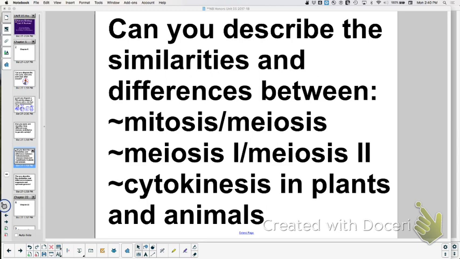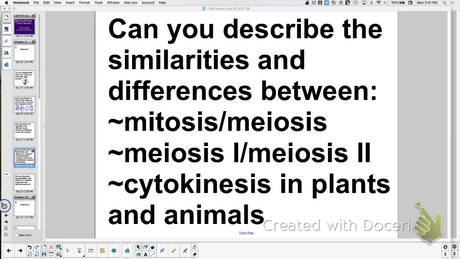What's the big difference between mitosis and meiosis? Mitosis is just an exact copy. Meiosis is variety. Okay, so mitosis is a clone, exact copy, just like you said. In meiosis, you're taking a 2N cell and forming multiple N cells, haploid cells. 2 divisions instead of 1. Meiosis 1 is all about separating the homologous pairs.